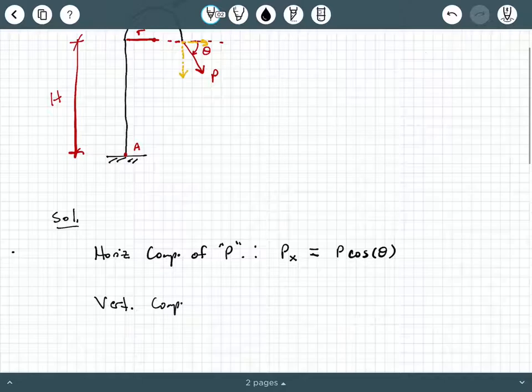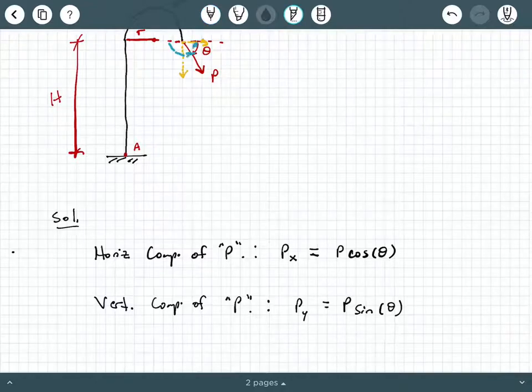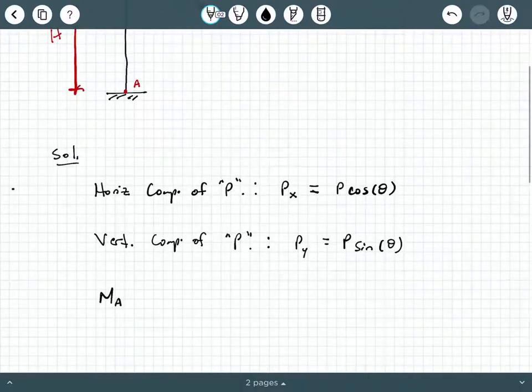What about the vertical component of P? Here we're going to call that Py, and of course that's just going to be P times sine of theta. And the vertical component of P, if you look at how this thing can swing, is always going to be pointing in a downward sense. So let's go ahead and write our moment function.